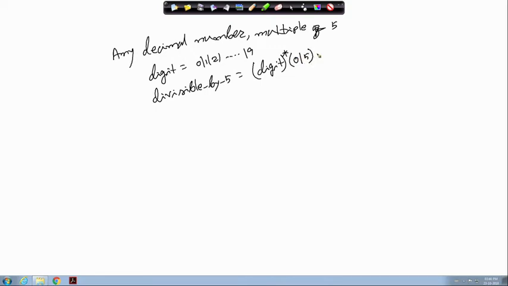Any number of digits can appear, but the last digit should be 0 or 5. In that case the resulting number is definitely divisible by 5. So, we can have a regular definition like that.